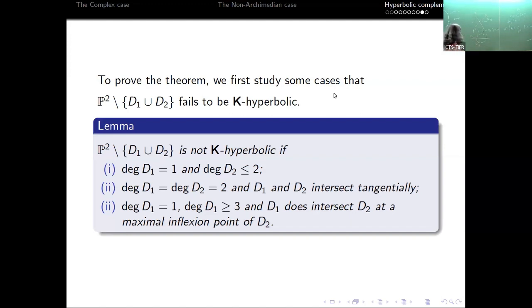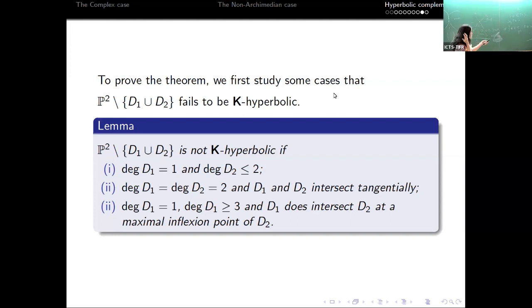Another way is the same: if we have D2 here and D1 here, we can also take a map omitting 1 point here. This way does not appear here because we have to satisfy intersect.